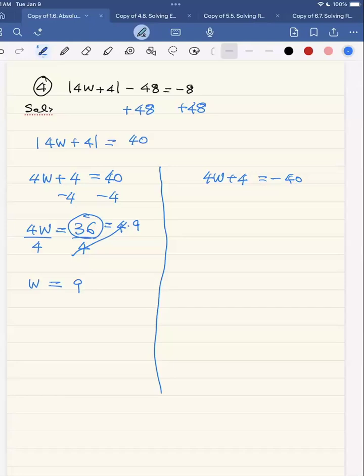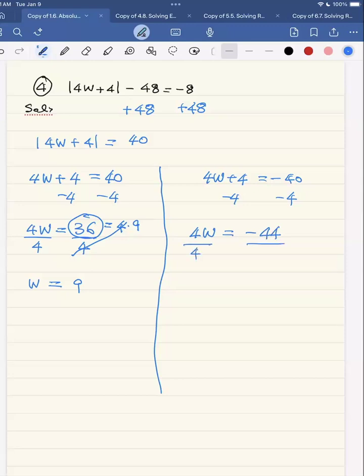Let's solve the equation 4w plus 4 equals minus 40. We subtract 4 on both sides. Then we have 4w on the left side, and we have negative 44 on the right side.